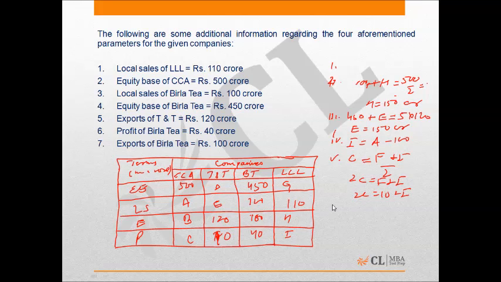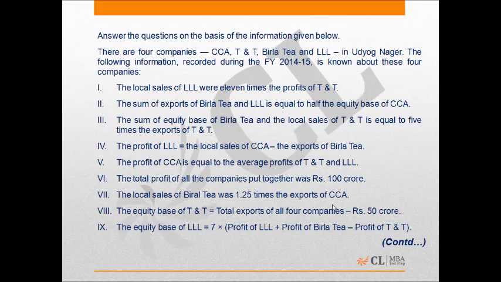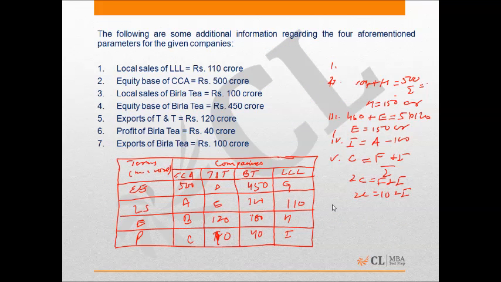Now coming to the next statement, which states the total profit of all the companies put together is rupees 100 crore. Total profit of the four companies put together will be C plus 10 plus 40 plus I is equal to 100.